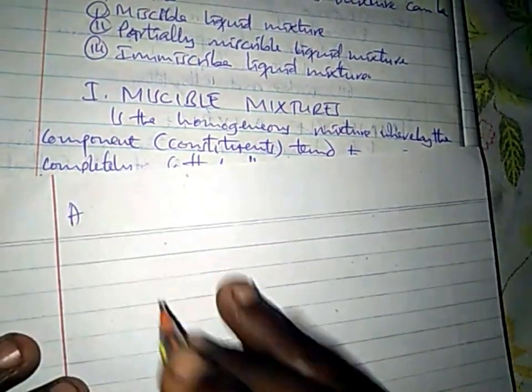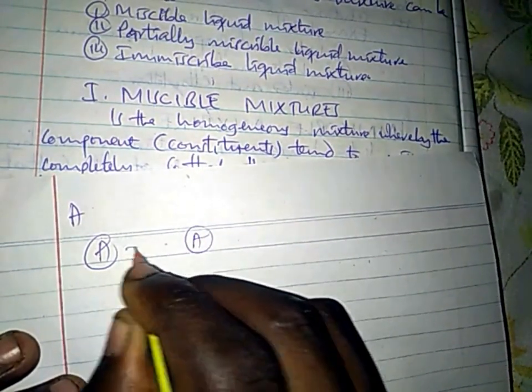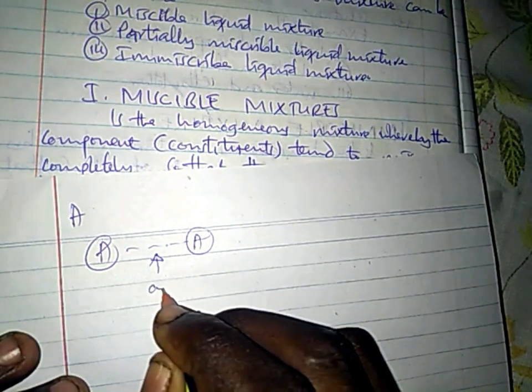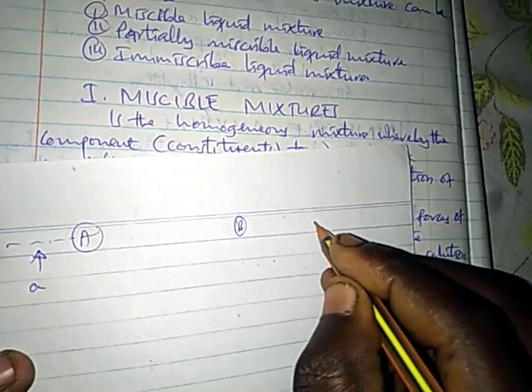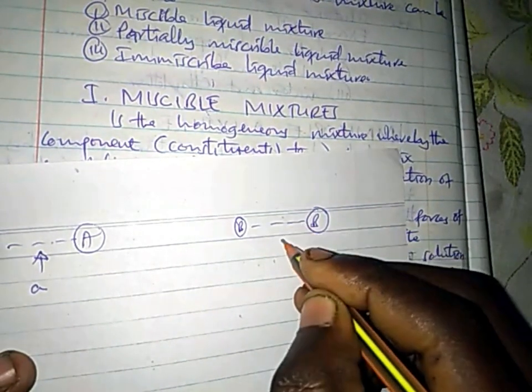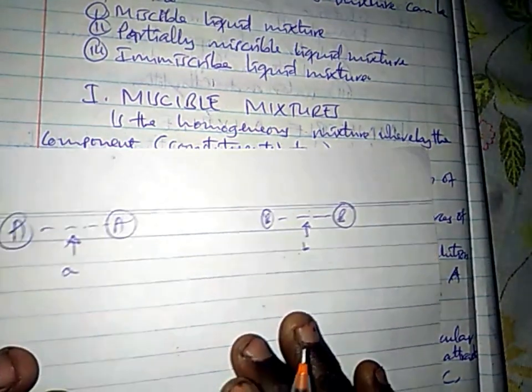So, let's say we have a mixture A, and this mixture A has a molecule A and another molecule A. Here we have the intermolecular force of attraction between A molecules, let me call it small a. And then we have mixture B. This mixture B has one molecule B and another molecule B. Then we have the intermolecular force of attraction between the molecules of B, let me call it small b.